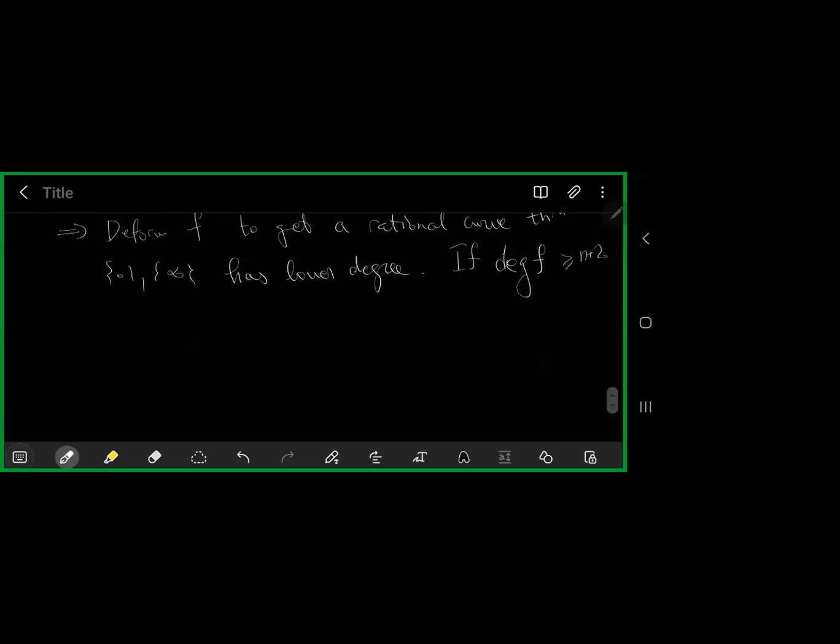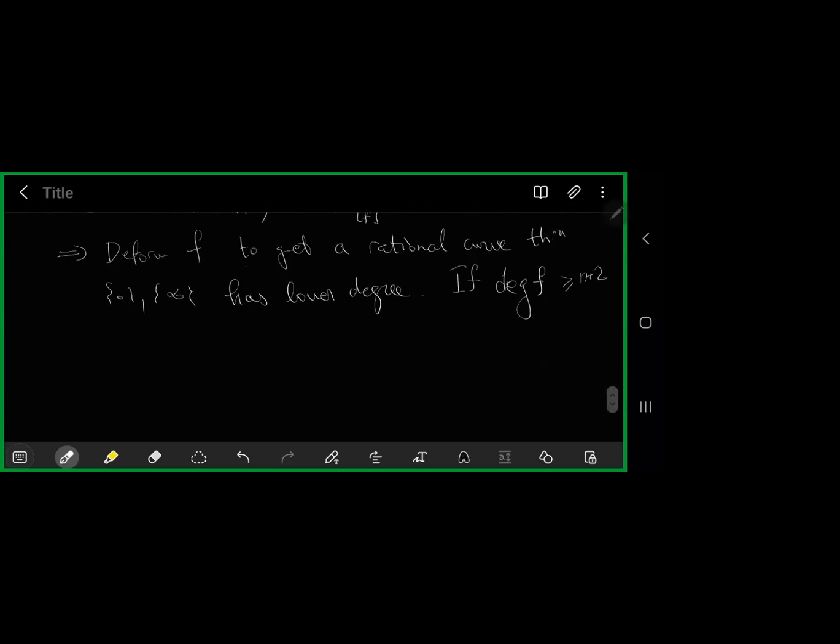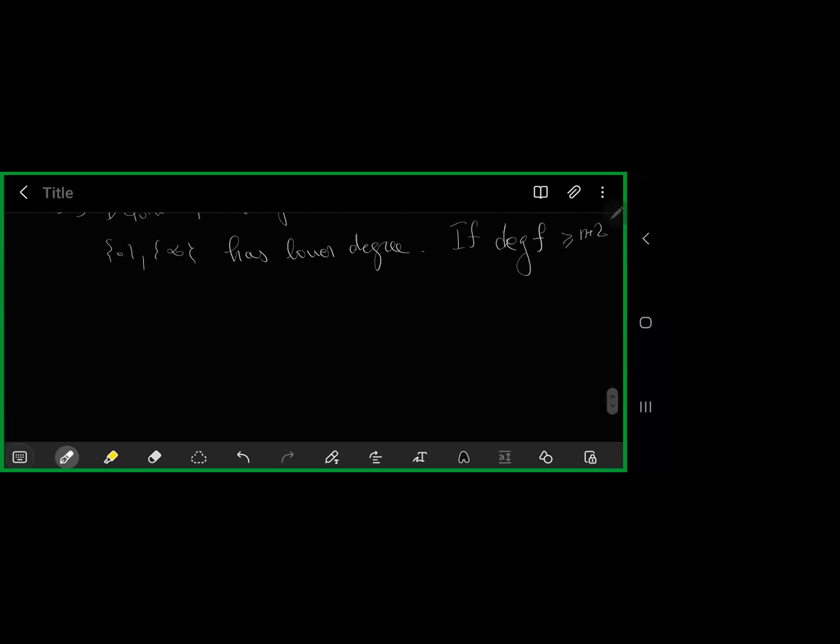And the reason why this is useful when doing bend and break is that on the lifting argument, I'm going to briefly say, you need to have some finite dimensional scheme, so a finite dimensional algebraic variety. And the condition that the degree is at most m plus 1 for the rational curves you're looking at tells you that you can actually have such a finite dimensional algebraic variety. So the theorem, I should state this. Let X be a projective variety of dimension n.